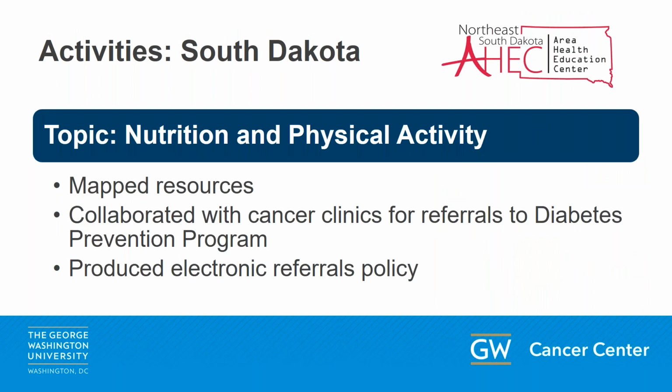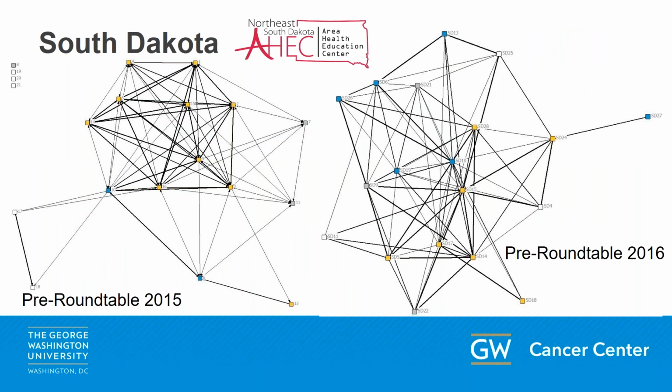They were able to map all of the diabetes prevention programs and local resources across the state and collaborated with cancer clinics to increase referrals to the diabetes prevention program. They ultimately produced an electronic referrals policy for clinicians to refer patients to the diabetes prevention program with the state health department, which is modeled after the smoking cessation referral policy.